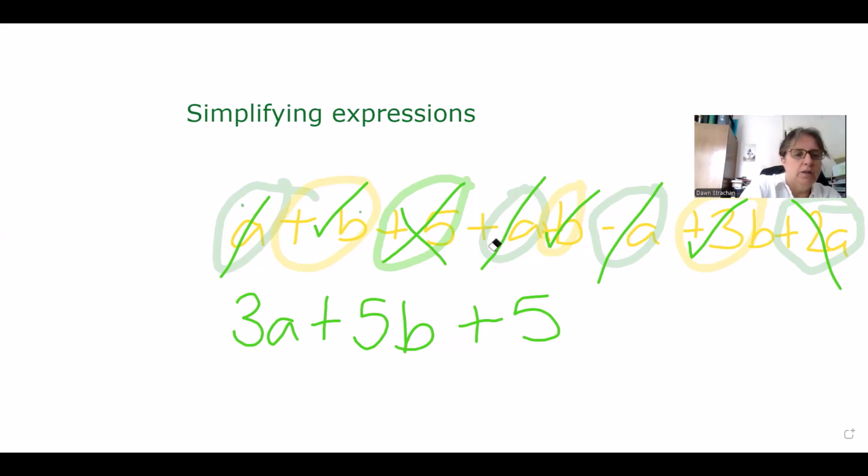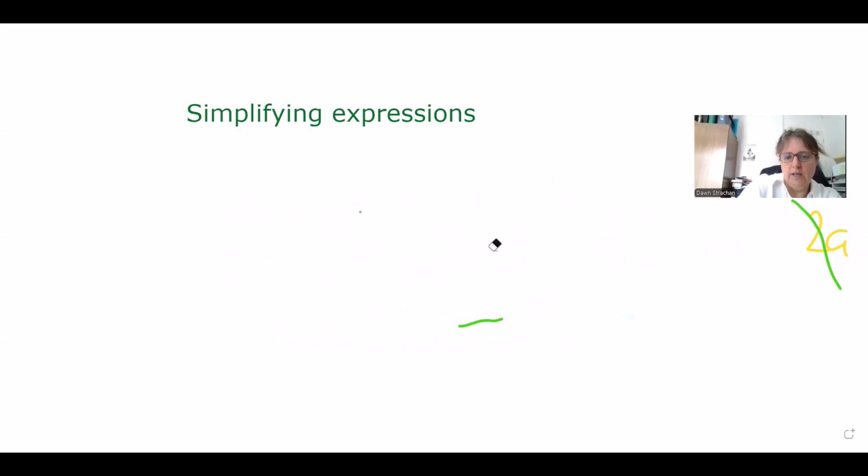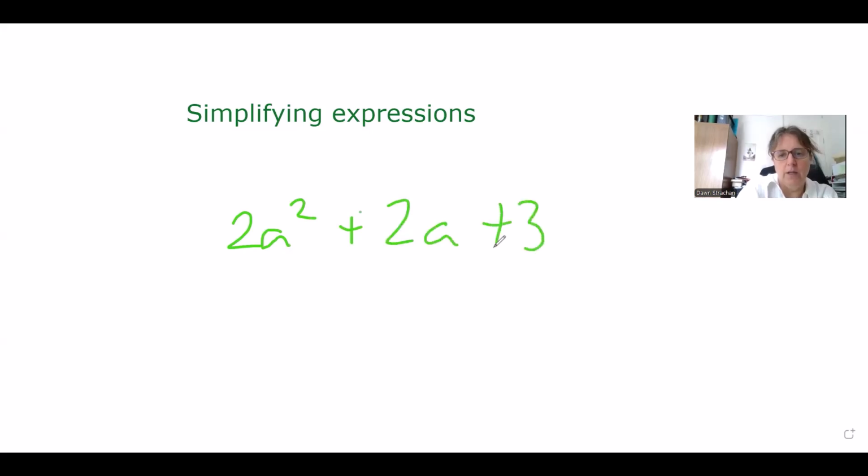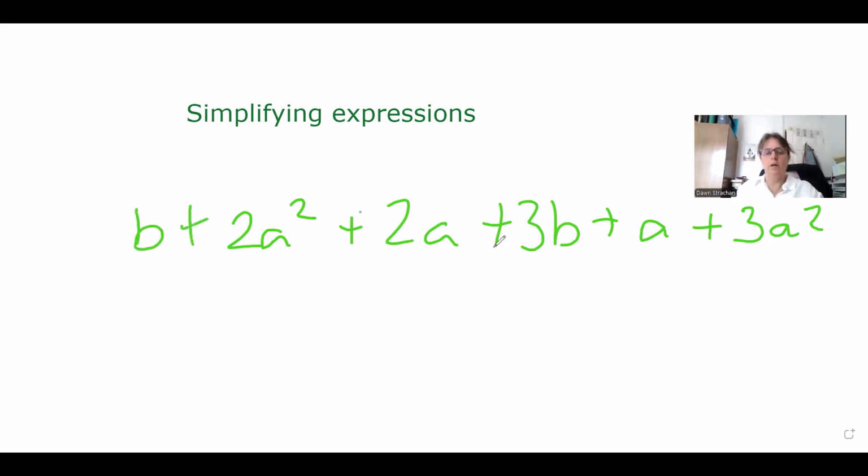So last one, I'm going to make it look complicated again. So let's go 2a squared plus 2a plus 3b plus a plus 3a squared. And let's have a b at the front. Once again, let's group them.